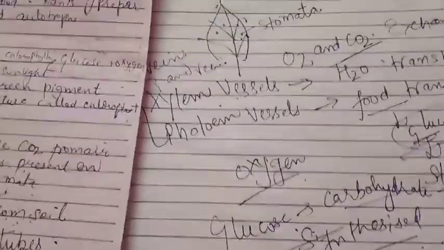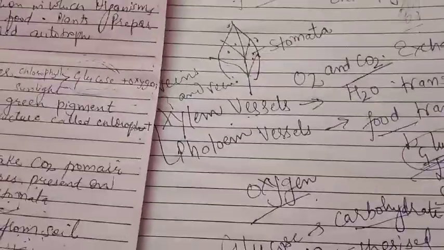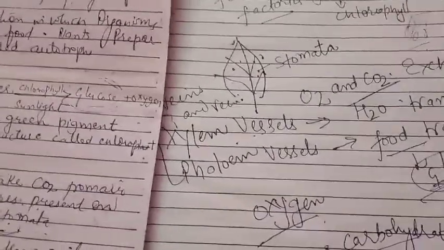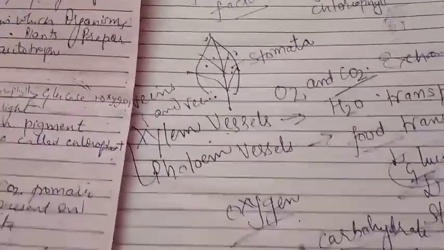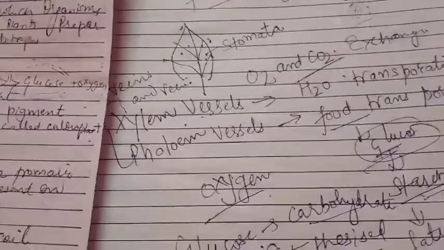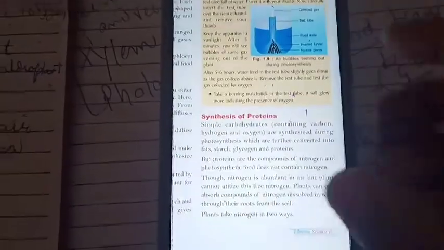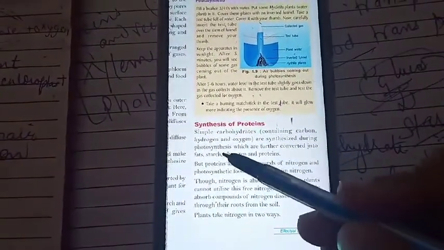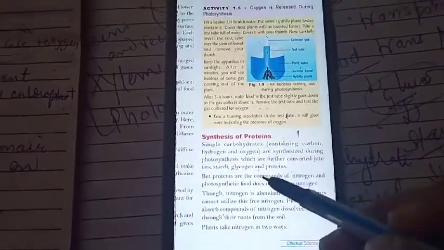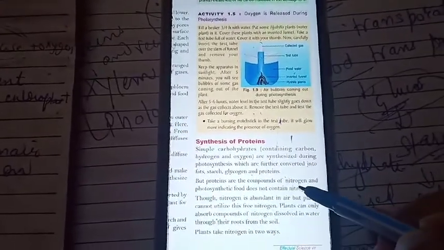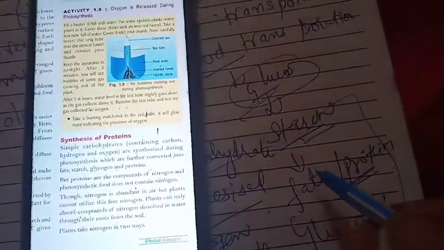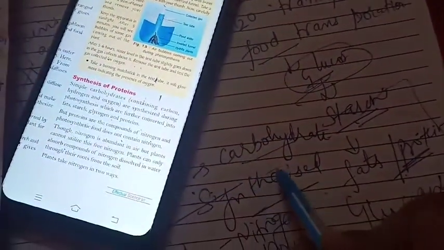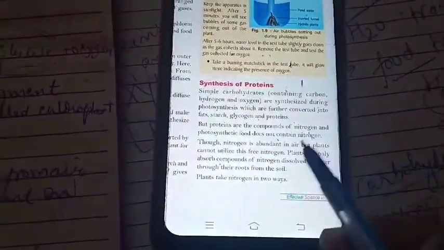Some plants, such as leguminous plants, have bacteria in their roots that convert the atmospheric nitrogen into nitrate. Here the topic is synthesis of nitrogen. Simple carbohydrates are synthesized into fat, starch, glycogen. But what about the proteins? They are compounds of nitrogen and the photosynthetic food, glucose. Glycogen, carbohydrate, doesn't contain the proteins.